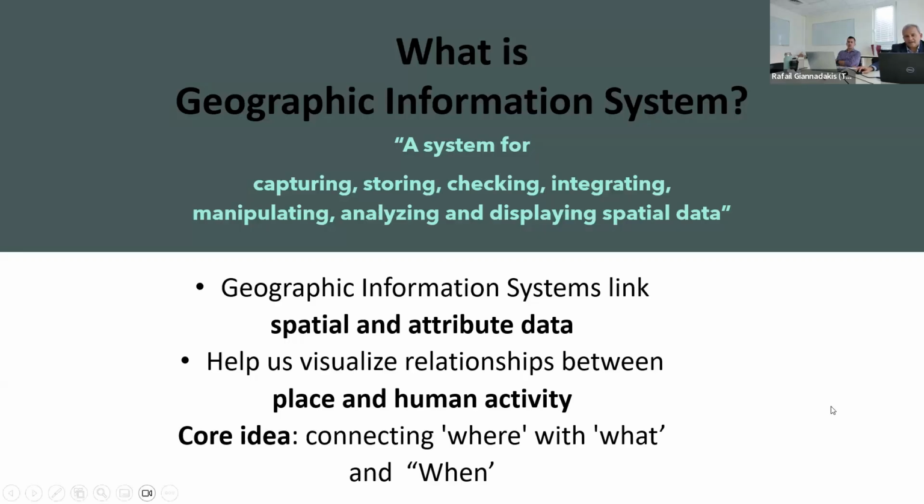And the core idea is, I'm writing it here, that we are connecting the where with what on a map, and also when. Do you understand what I mean when I am saying when?